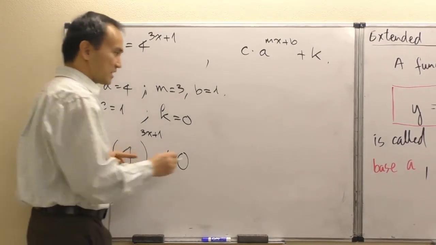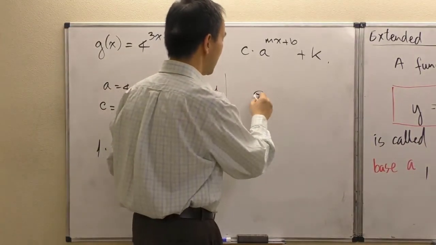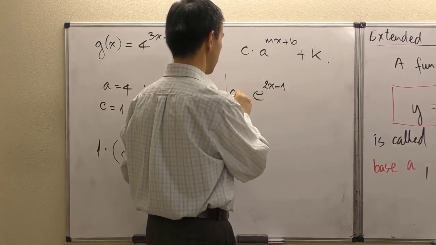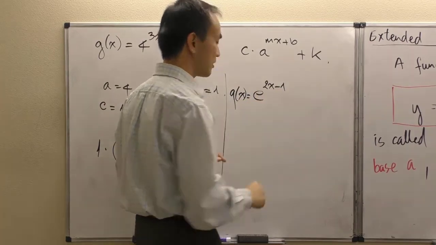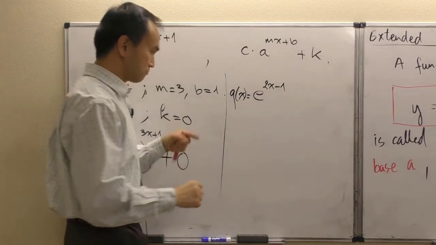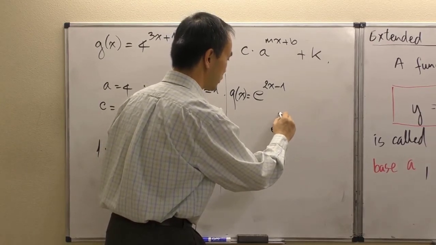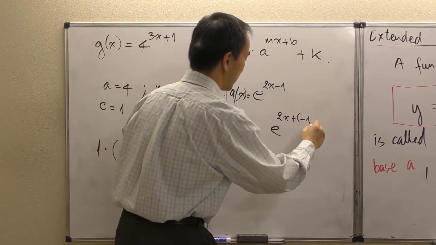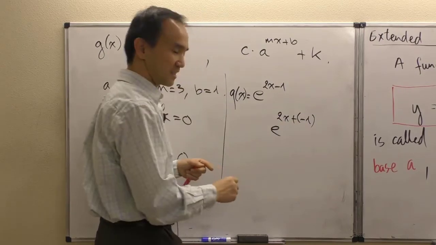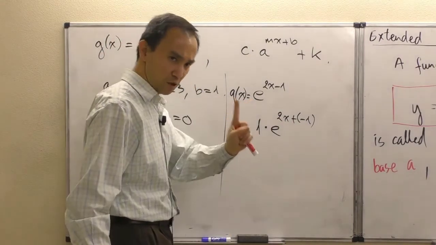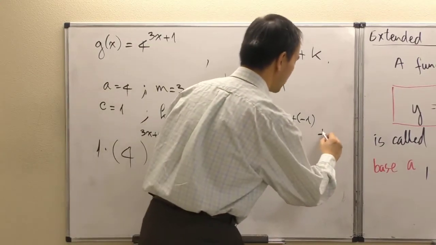Similarly, we were looking at e to the 2x minus 1, that q of x function I wrote down in the list earlier. The base here is e, raised to mx plus b, so it's 2 times x plus negative 1. It has a coefficient 1 in front, because seeing nothing in front means the coefficient is always 1, and then plus a 0 constant.